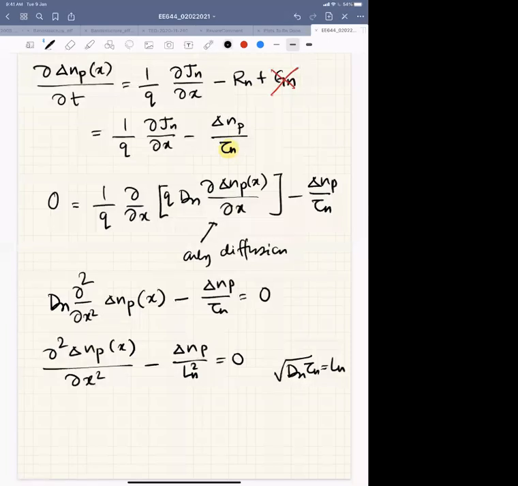This we had derived earlier. So this is my equation. Assuming that there is no high level injection, we only have to take care of the diffusion, and I could write down this equation.